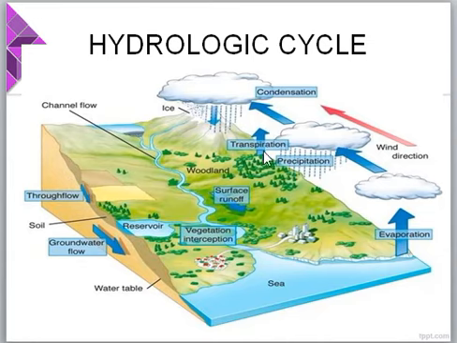And also, in the plants, we have the term transpiration. The transpiration of plants adds an amount of water vapor to the atmosphere. 98% of water absorbed by plants from soil is transported to the leaves, where it is lost by this process known as transpiration.